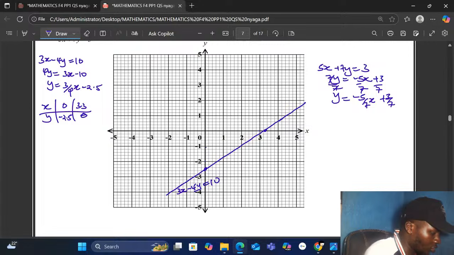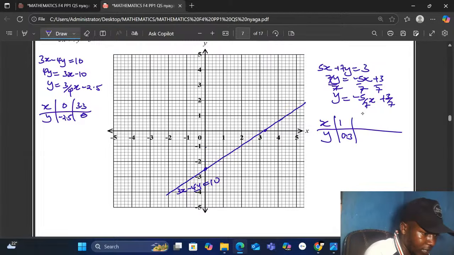Now we can take 2 to 3 points for us to have something accurate. So we have x, y. Let's have x as 1. Now y will be 0.3. Simply replace x with 1.